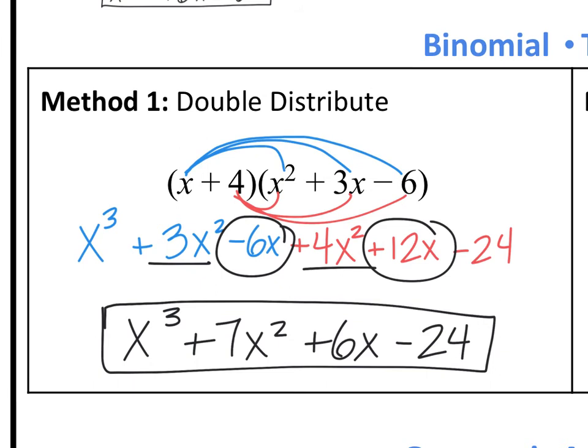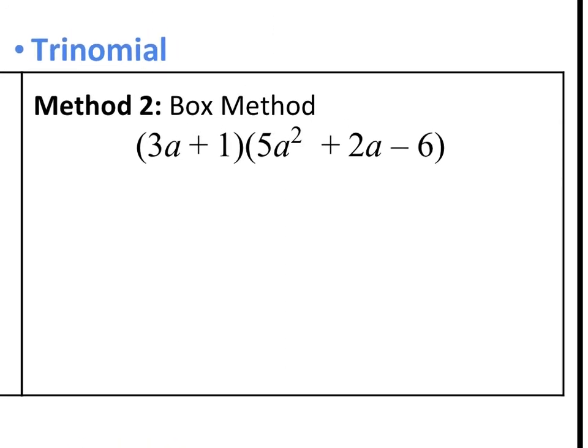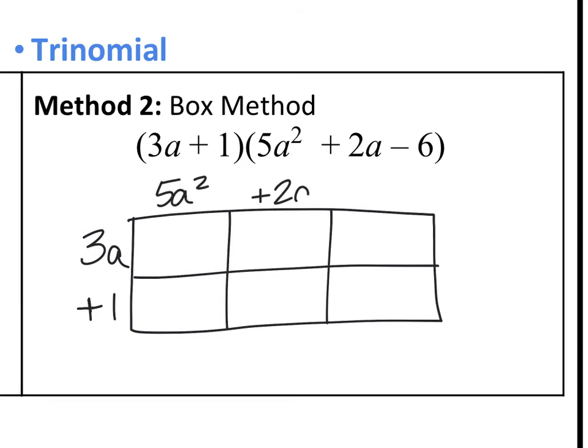Some of us in this room prefer the box method, so I'll show you again how to do that. Because it's 2 terms times 3 terms, you have to make a 2 by 3 box. So we'll make over here, it'll be 3a plus 1. And on the top, 5a squared plus 2a minus 6.